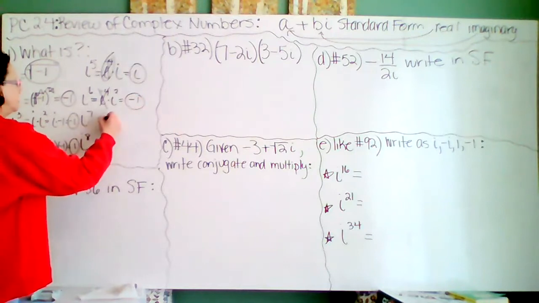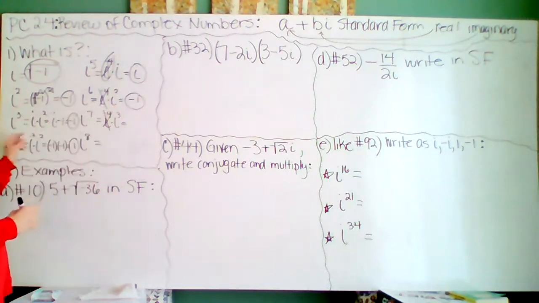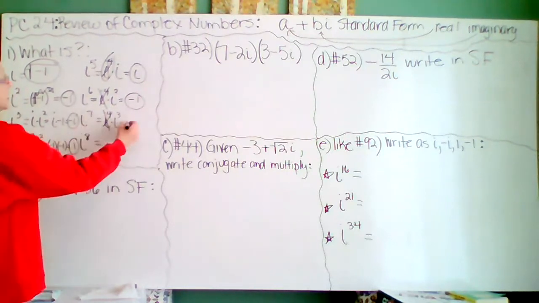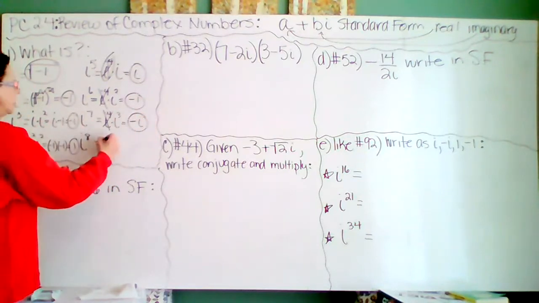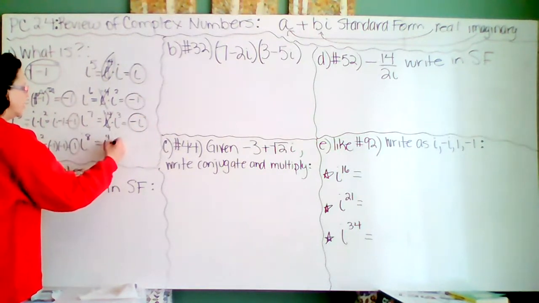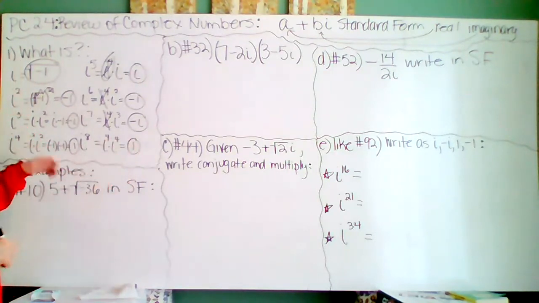i to the 7th is i to the 4th times i cubed. i to the 4th is 1. i cubed, we already said, is a -i. i to the 8th is i to the 4th times i to the 4th, which is 1 times 1, which is 1.